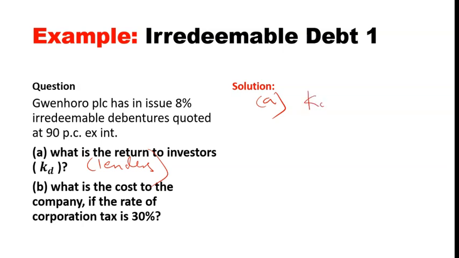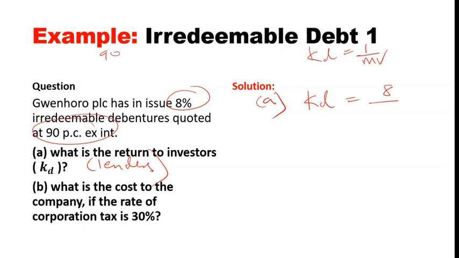So we are going to have KD equal to 8%. That's the interest, so 8% of 100. Remember, it is 8% of 100, which means it's 8 over the market value now, because remember KD is equal to interest over market value. So the market value is now 90%.